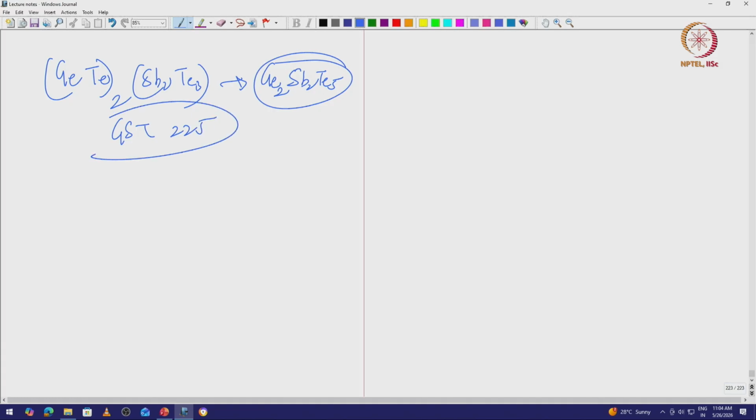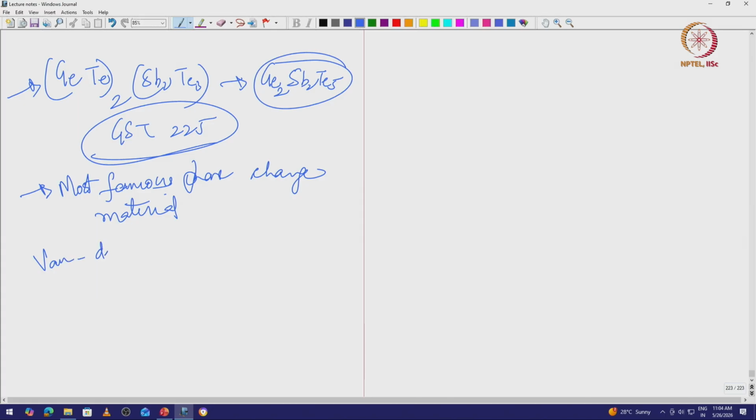This is the most famous phase change memory composition. And if I actually look at the structure of this, this is a van der Waals bonded structure.